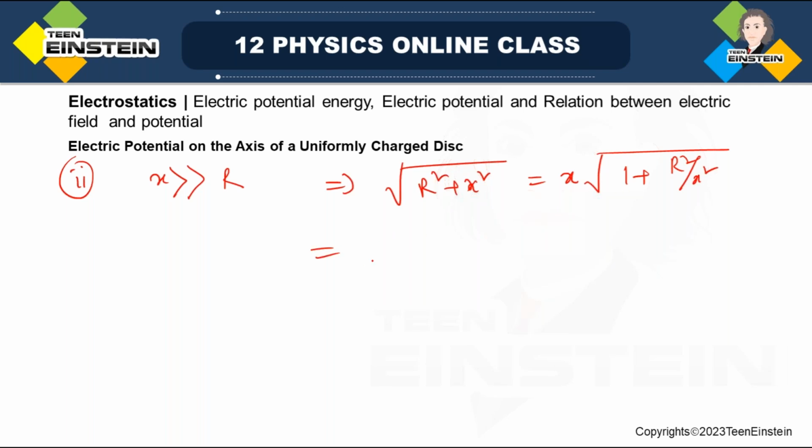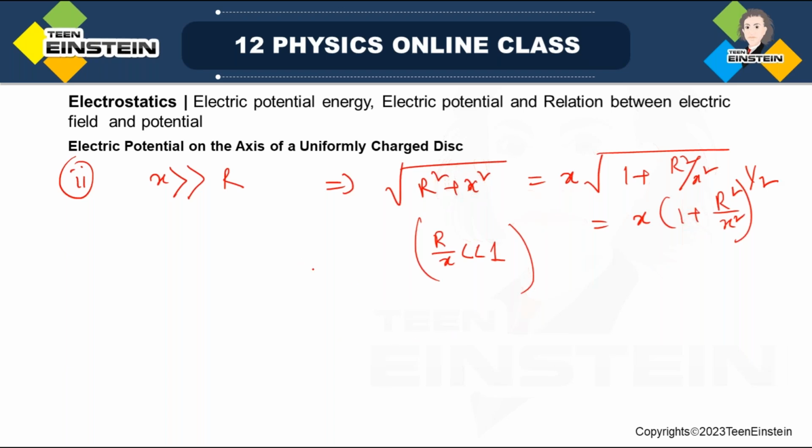Since x is much larger than r, this value r by x will be much less than 1, right? So this can now be expanded according to binomial expansion. We can write x times 1 plus r by x square whole to the power half.